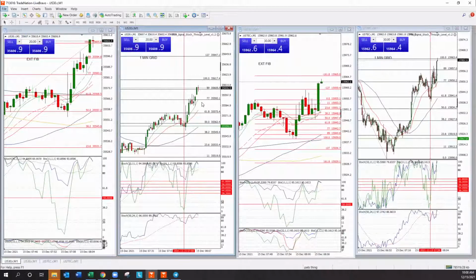Resistance on the down now in 5 minutes is the 50 level of the daily high low. US tech possible little double top there on the 5 minutes.